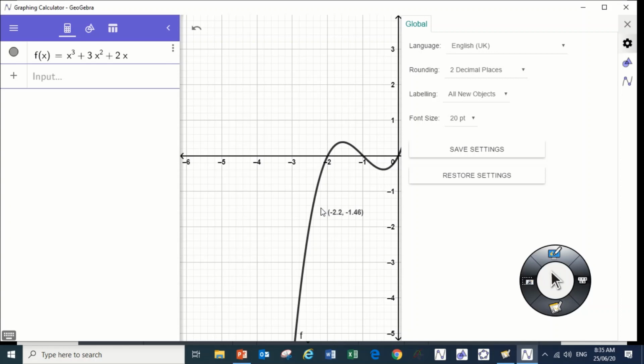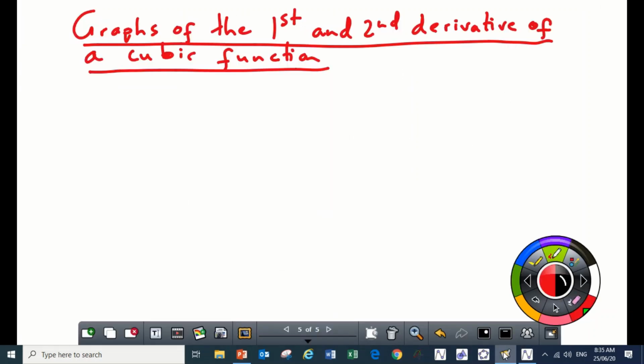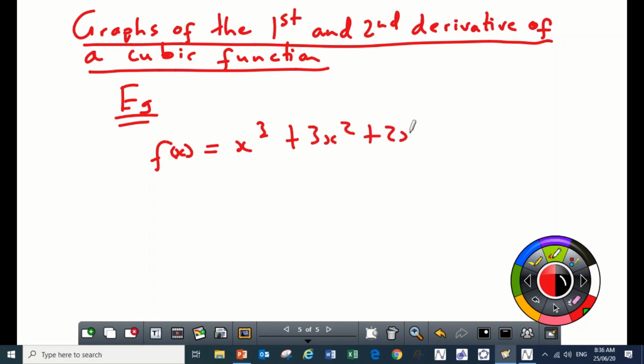So I'll just write here, e.g., f of x equal to x cubed plus 3x squared plus 2x. Your first derivative will be 3x squared plus 6x plus 2. That's a quadratic.